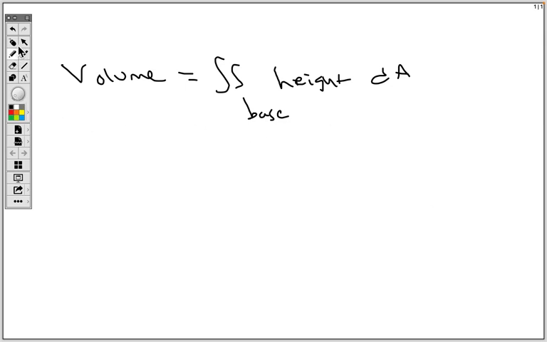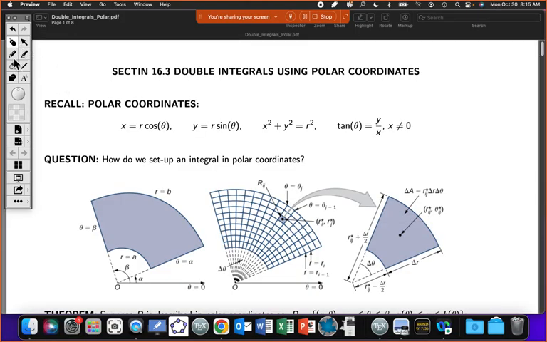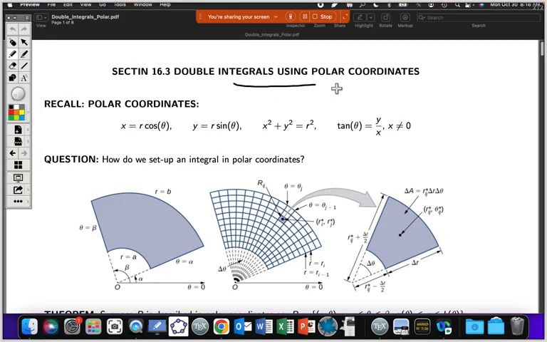So what we're going to talk about today is double integrals using polar coordinates. So back in Calc 2 or AP Calc, whatever, sometimes you are working with a region in the plane, and depending on what the region was, it was just plain easier to describe that region in terms of polar coordinates instead of rectangular coordinates.